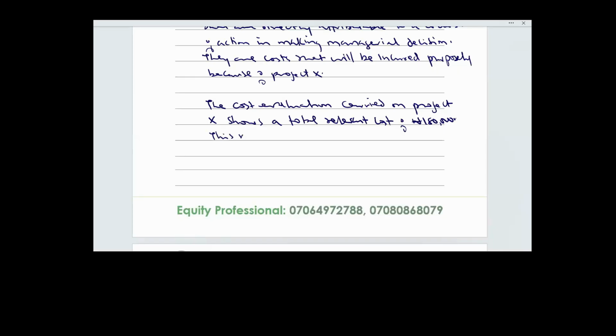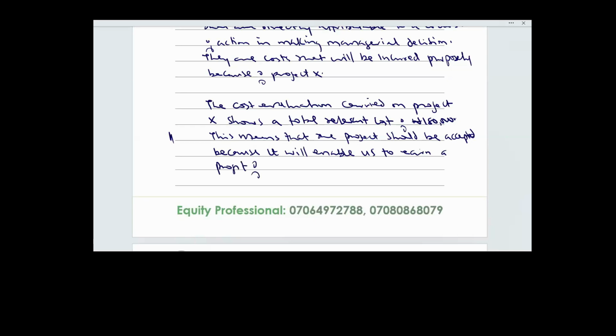This means that the project should be accepted because it will enable us to aim for a profit of 120,000 naira.